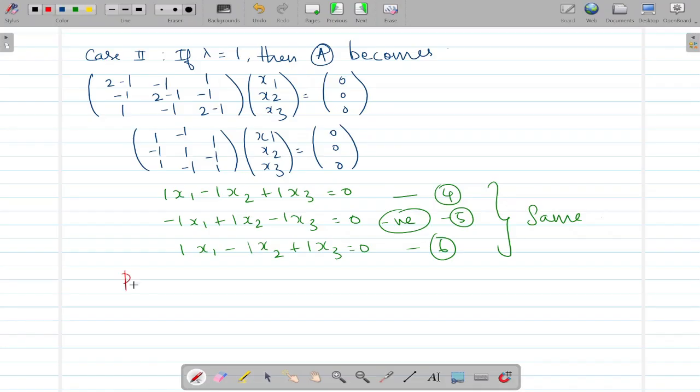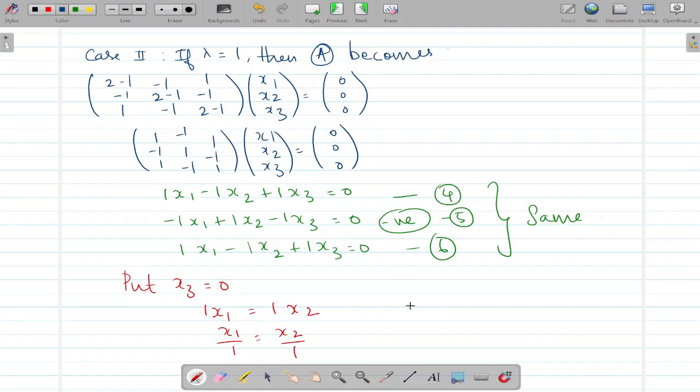So I can put x3 equal to 0 in any of these equations. So let me take the fourth equation. So 1x1 equal to 1x2. By bringing this 1 to the left side and this 1 to the right side, x1 by 1, x2 by 1.